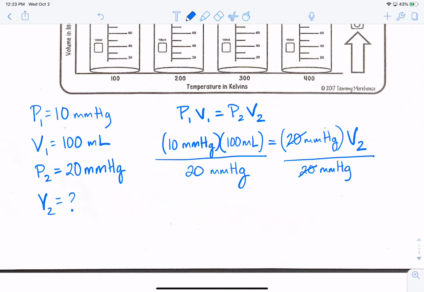Millimeters mercury divided by millimeters mercury also cancels itself out. Look on the left-hand side. Is there anything I can cancel? The V2 is now by itself on the right. On the left side, the millimeters mercury can cancel. So I can go ahead and cancel my units of pressure. I'll be left in units of milliliters, by the way. Milliliters is a unit of volume. That's what I'm looking for.